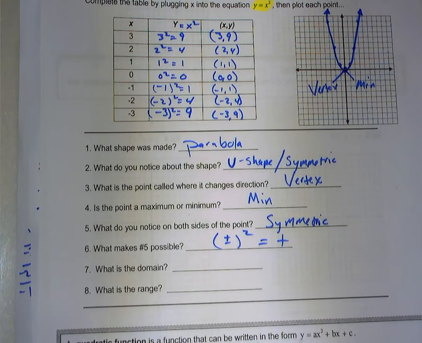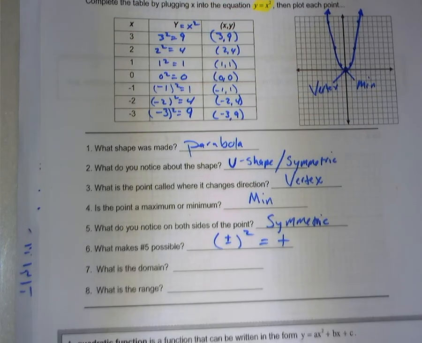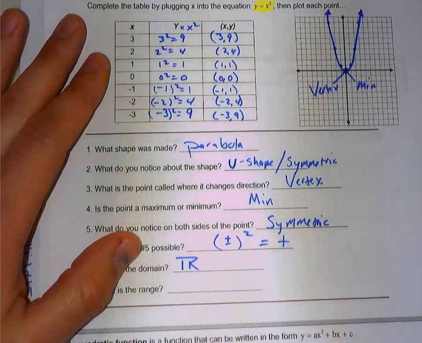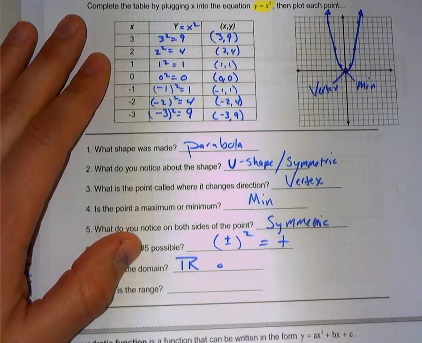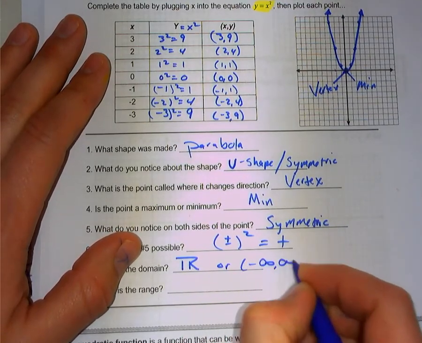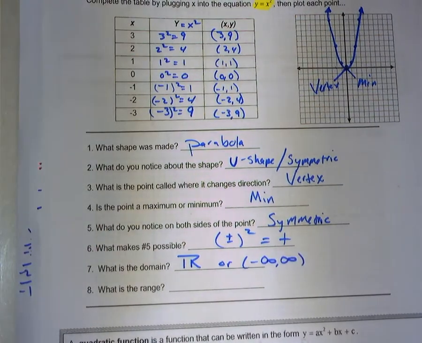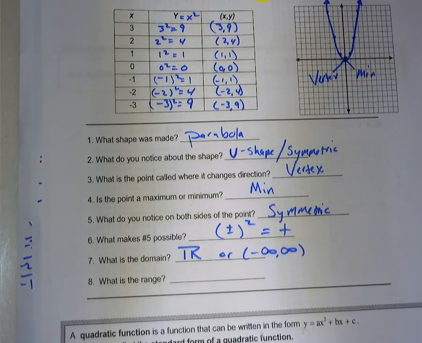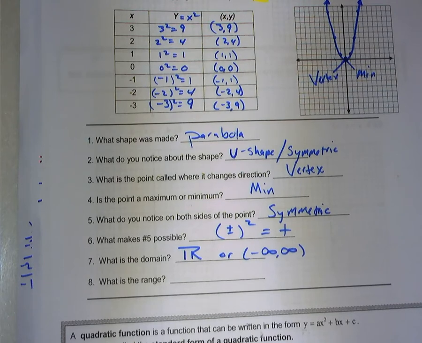okay? Domain, the domain of this guy is what we call all reals, the fancy R, or goes from -infinity to infinity, and your range, bottoms up, how low does it go? Does it go down low, down to the flow? Goes to 0, right?